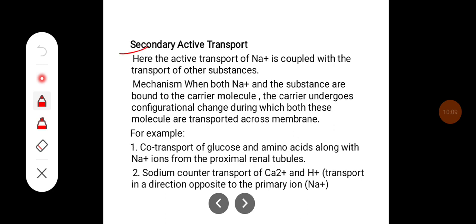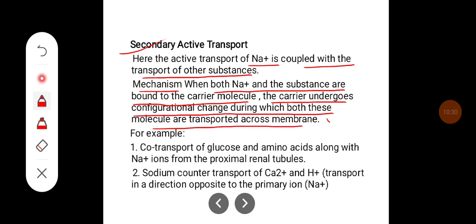Coming to secondary active transport, here the active transport of sodium is coupled with the transport of other substances. Mechanism: when both sodium and the substance are bound to the carrier molecule, the carrier undergoes a configurational change during which both these molecules are transported across the cell membrane.